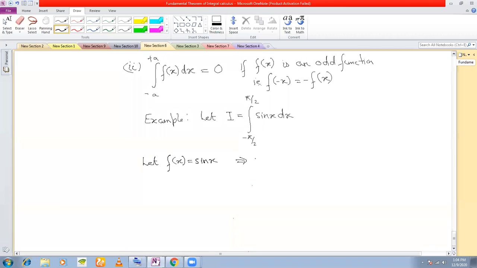That means f of minus x is equal to sin of minus x, which is equal to minus sin x, which is equal to, now see what is sin x? Sin x is f(x) itself. So it becomes minus f(x). So therefore what do we see here? f of minus x is nothing but minus f(x). That is, f(x) is an odd function.